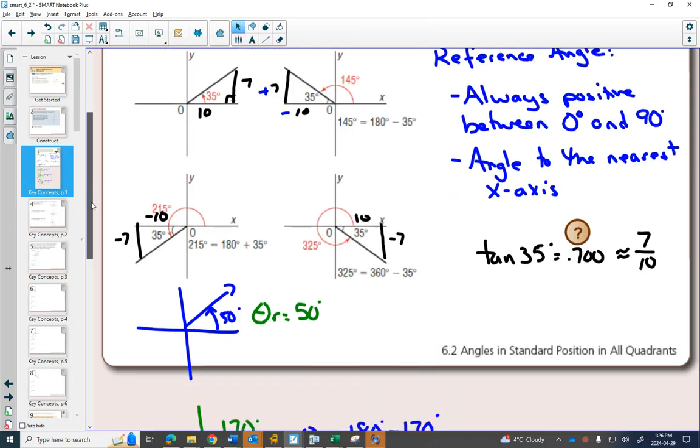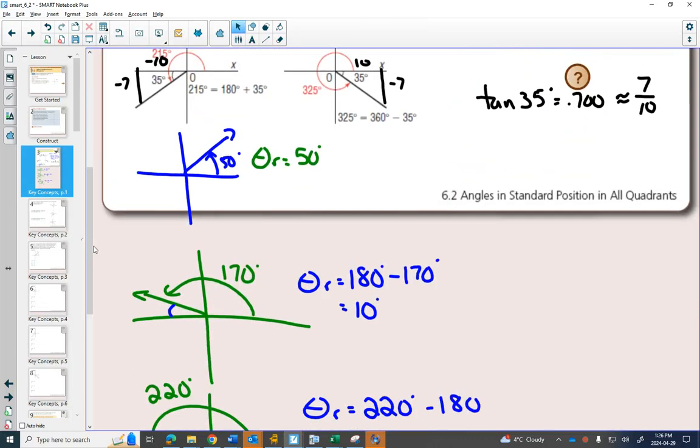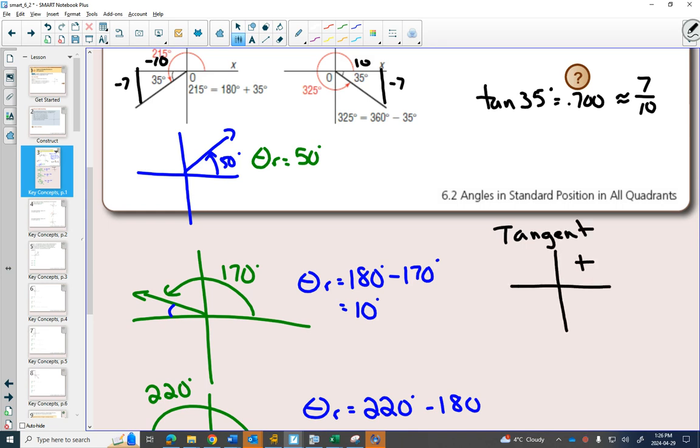So what we found for tangent, this one was positive, this is negative, this quadrant's positive, and this one's negative. We're going to see what happens with sine.